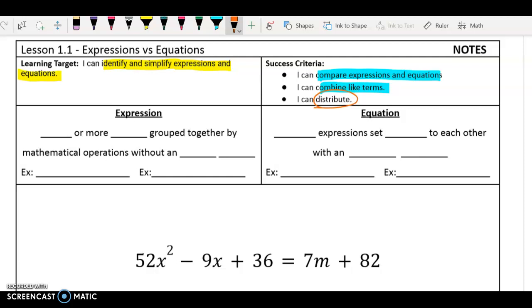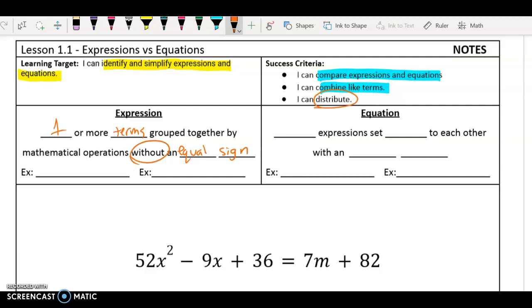So let's go ahead and write down our definition of an expression. An expression is one or more terms grouped together by mathematical operations without an equal sign. So as you're writing these notes down, I would circle the "without" part.